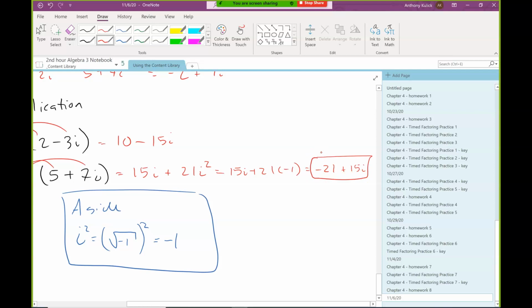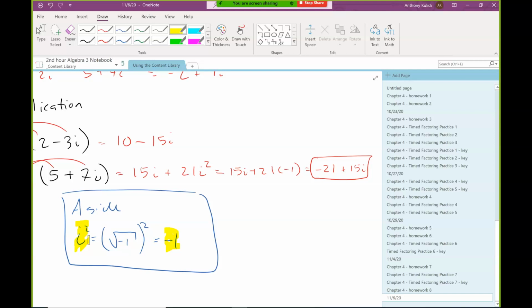So that's an important result there, that i squared is -1. We'll use that quite frequently when multiplying or dividing, as you'll see in a few minutes. But overall, still not difficult, right? Looks very much like what we've been doing.